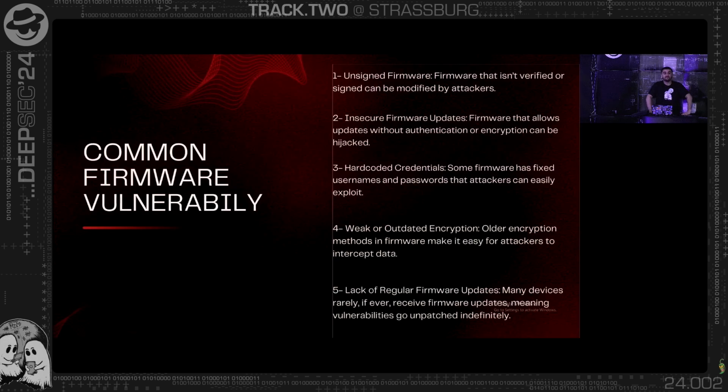So there are common vulnerabilities in firmware, like unsigned firmware. That is, the firmware updates are not signed. Or maybe the attacker will get a fake certificate to bypass a security mechanism. Because nowadays, malware authors do their best and hard work to bypass security mechanisms, like injecting a fake or stolen certificate.